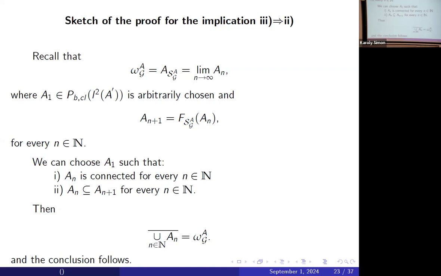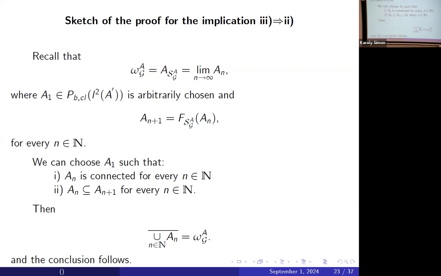I start with an arbitrary A1, which is a bounded and closed subset of little L2, and then I apply the fractal operator. And the big idea is the following. We are able to choose A1 such that the sequence AN is increasing, so AN is inside AN plus 1 for every N, and such that all the sets AN are connected.